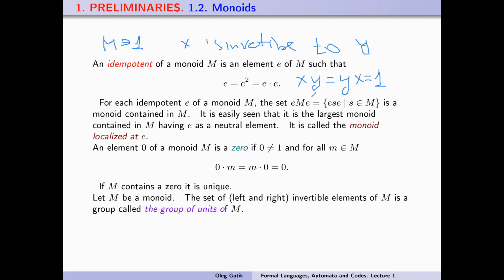In this case, we say that y is right invertible to x if the equality xy = 1 holds, and if the other equality holds, we say that y is left invertible to x. And a monoid M contains at least one invertible element, that is the neutral element.